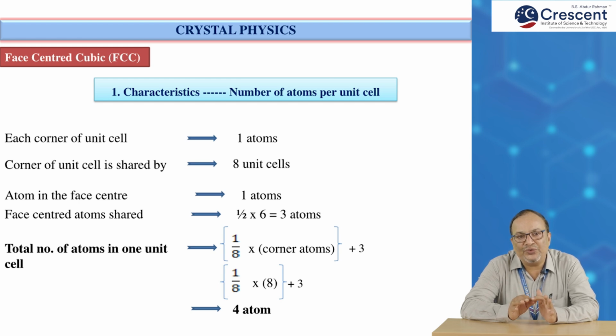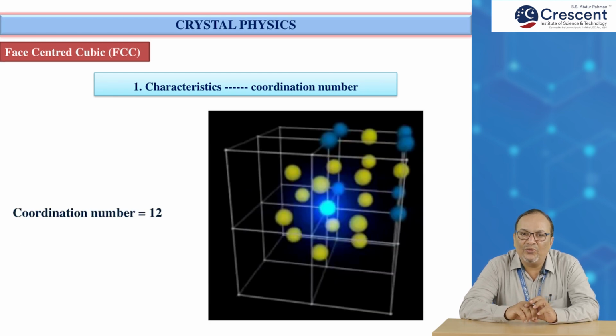So 1 by 2 into 6 face-centered atoms gives 3 atoms, plus 1 by 8, the sharing of a corner atom, into 8 corners gives 1. So 1 plus 3, totally 4 atoms are there in a face-centered cubic.